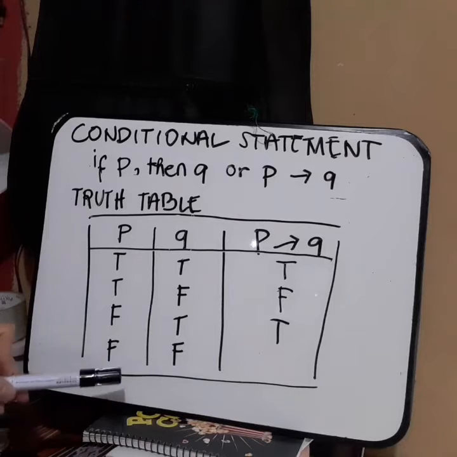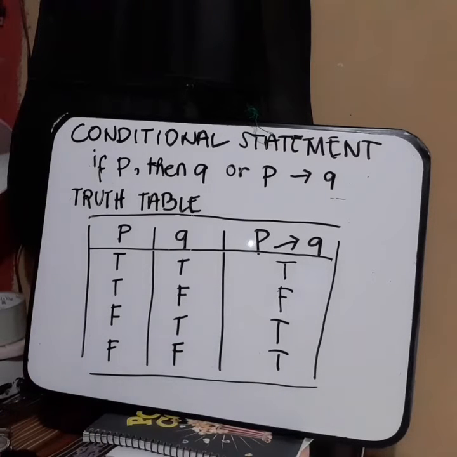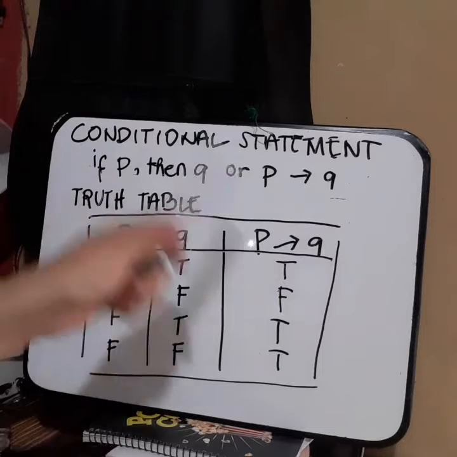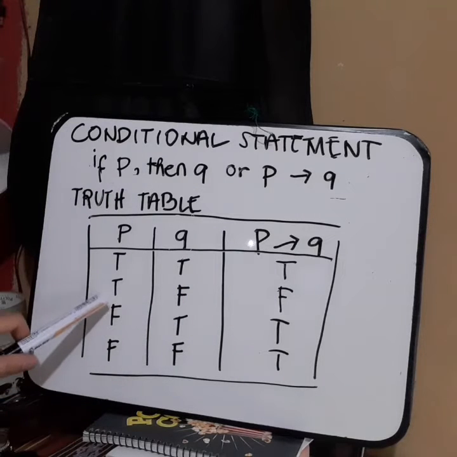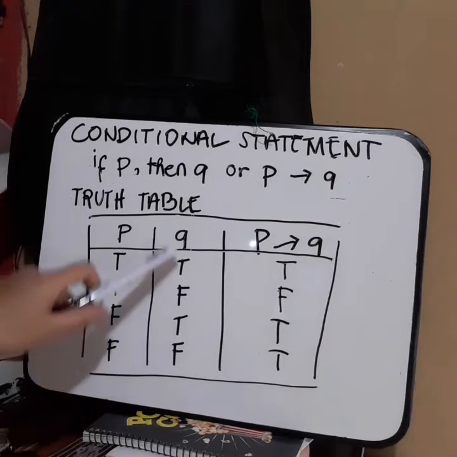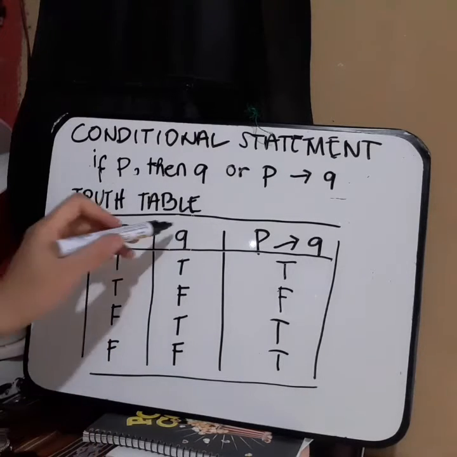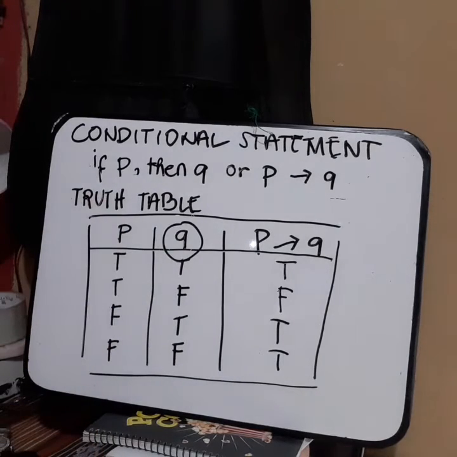If both are false, then this will be true. So that is the conditional statement. It is just an easy way of answering. So just think, if it is a conditional statement and you find true, false, or false, true, the answer will always be the conclusion Q.